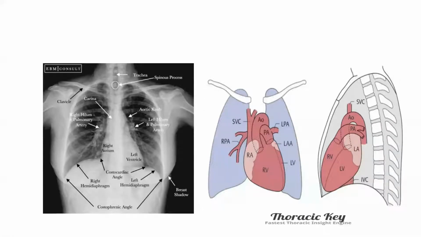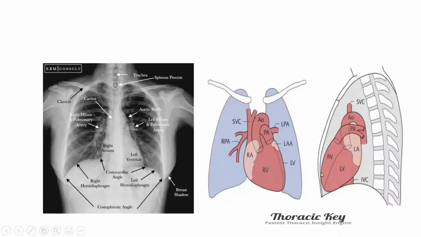So we are not seeing the right ventricle, but we can see the imprint of the right ventricle when it's dilated, or we can see the right ventricle in the lateral X-ray orientation.